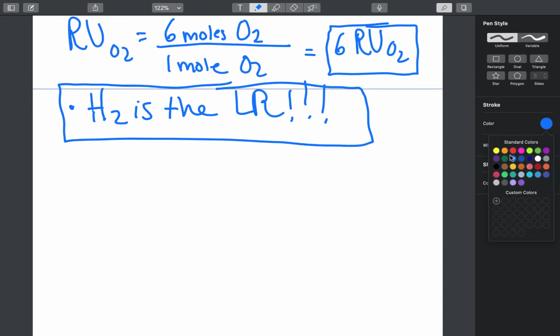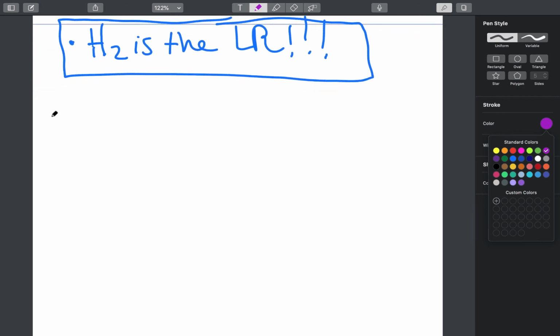So we got to talk about one more topic before we get into the practice question. This last little topic is percent yield.